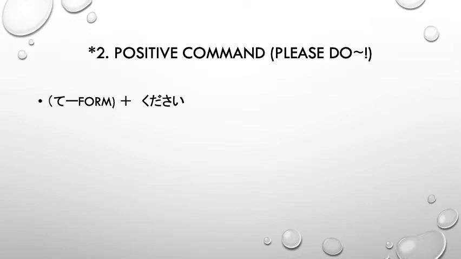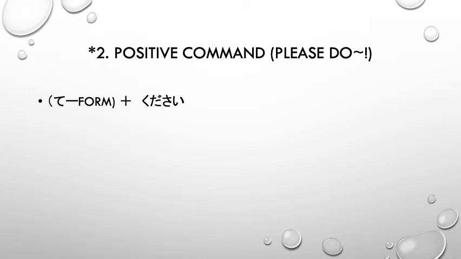The second one is something called positive command. Please do something. It's a command and I say positive because it's not please do not do something. It's positive, affirmative, right?